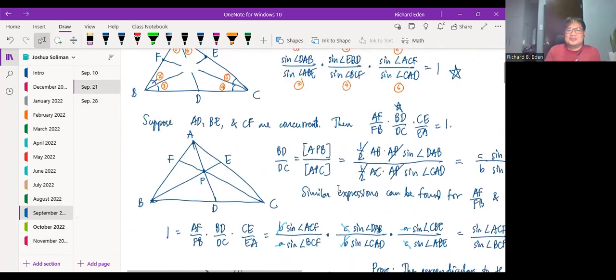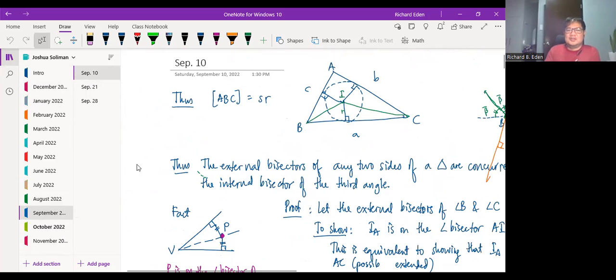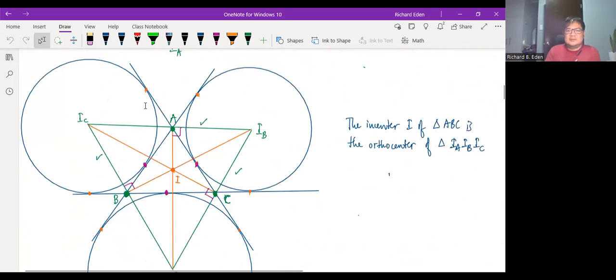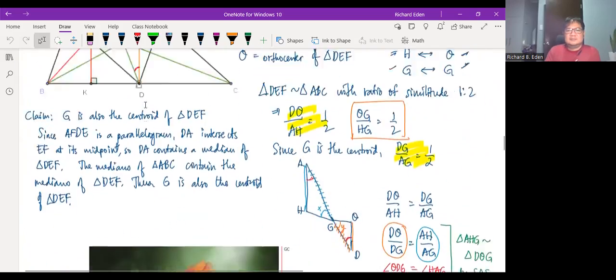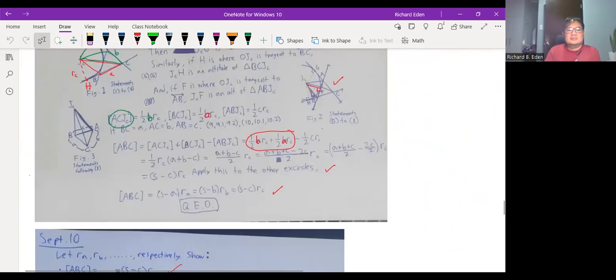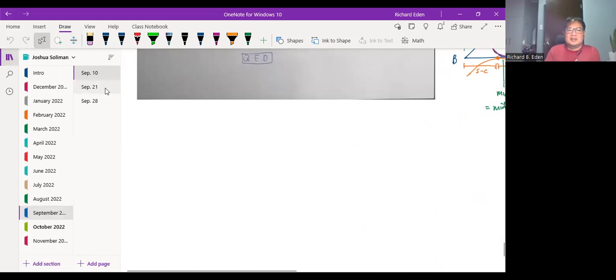Nahanap ko naman, meron ng larger circle, so it's gonna be through the orthocenter. Ang center will be the orthocenter. Okay, dapat hinanap ko na kanina, but it didn't occur to me earlier.